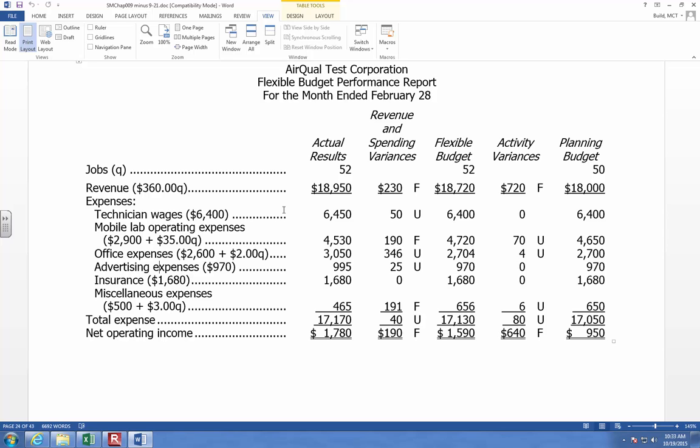Let me make a point of this too. Technicians' wages were $50 unfavorable out of a base flexible budget of $6,400. So what percentage is that off? Can you calculate that for me and tell me whether you think that's material? How much was that variance off from a percentage standpoint? And do you think it's material?